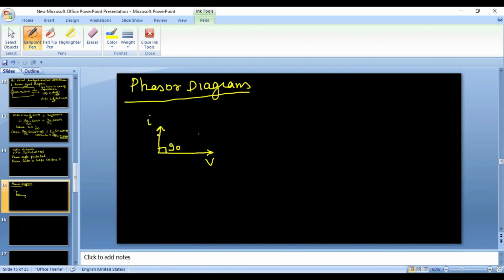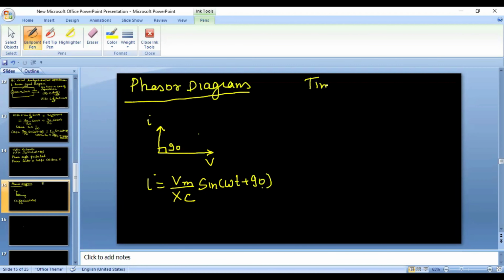The reason is that we always determine current by dividing voltage by capacitive reactance, Vm by Xc. So definitely when something is divided, its magnitude is going to be less.